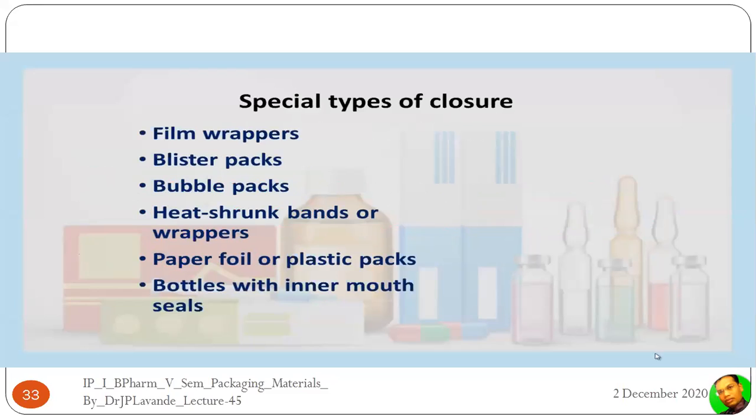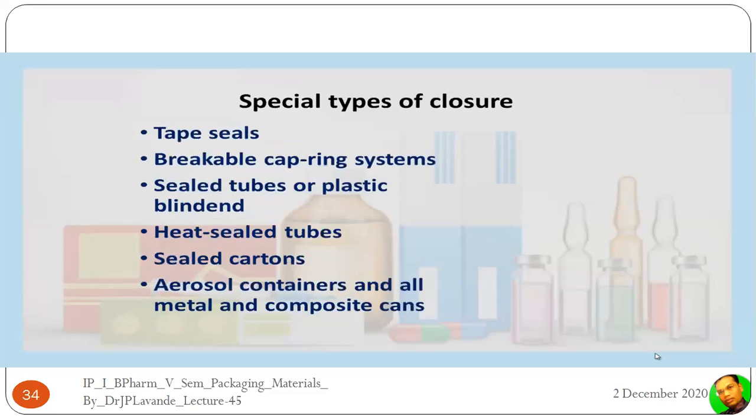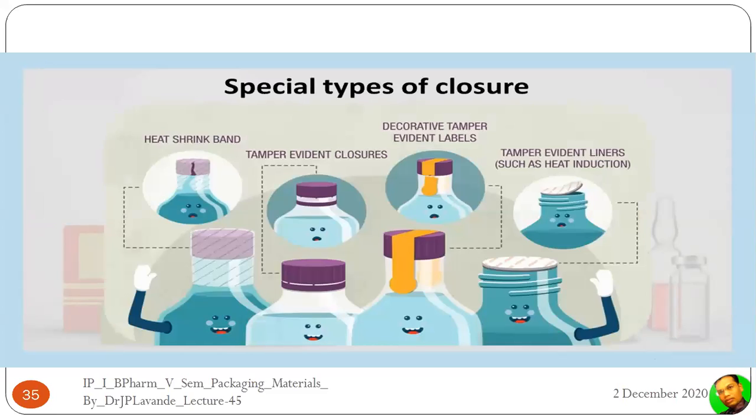These are the film wrappers, blister packs, bubble packs, heat shrunk bands or heat shrunk wrappers, paper foil or plastic pack, the bottle with inner mouth seal, tape seals, breakable cap ring system, sealed tubes or plastic blind end, heat sealed tubes, sealed cartons, aerosol containers, and all metal and composite cans. All these are special types of tamper evident closure systems.